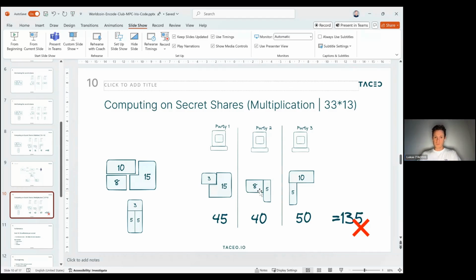Now, the theory of multi-party computation is as old as ZK, so it's from the 1980s. But also, as we have seen from Daniel, the overhead sometimes is very large. Let's look at the performance target that we want to have.